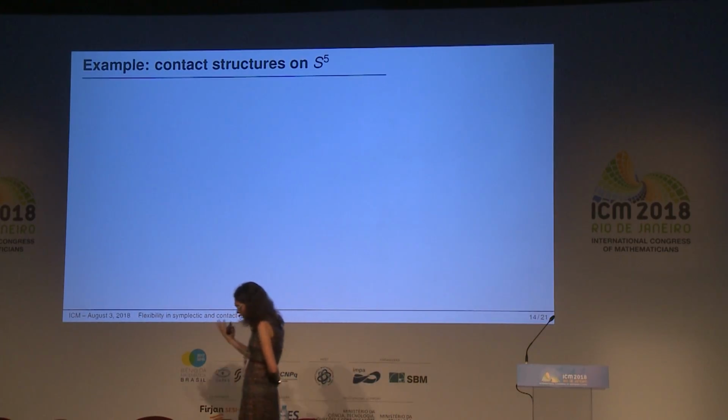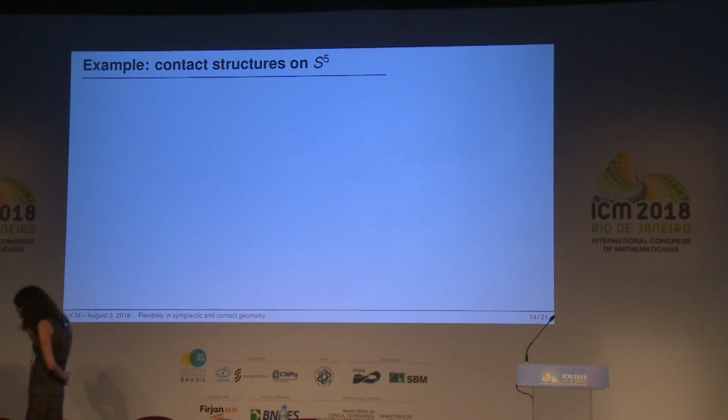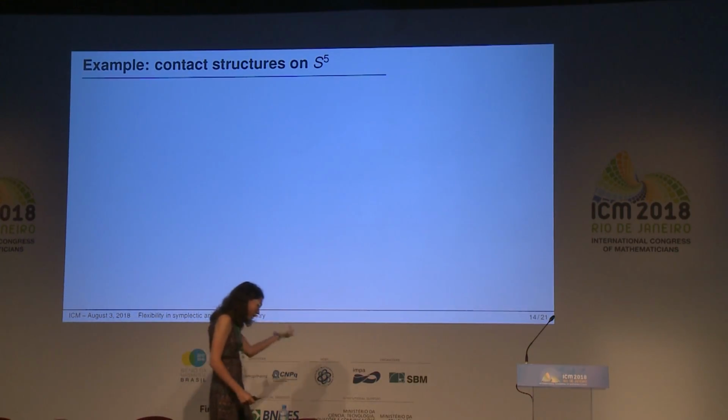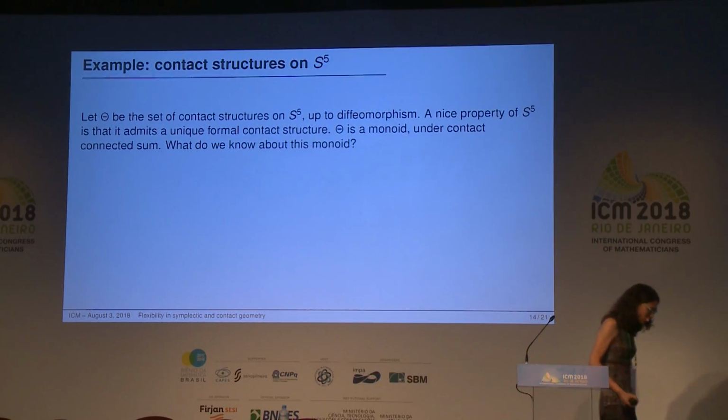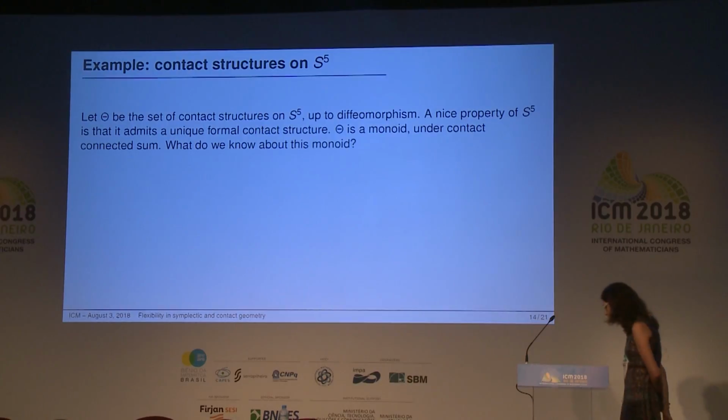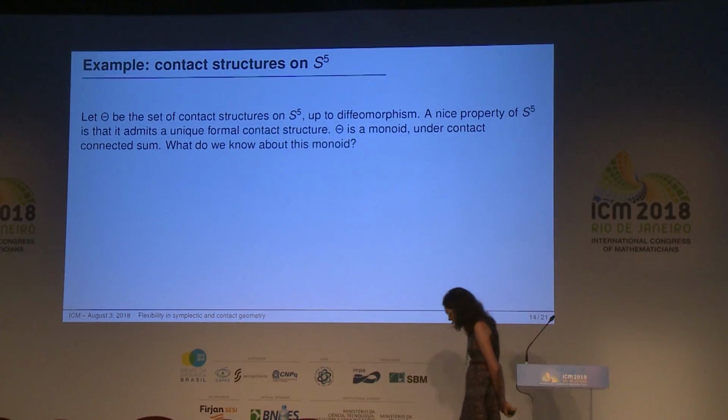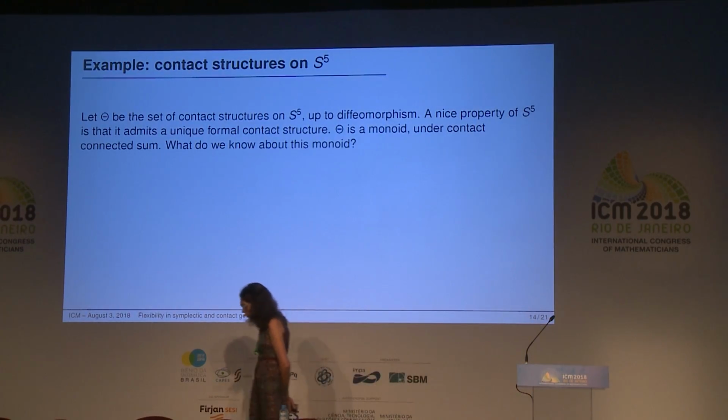I think a great example of this, not only of overtwistedness, but of high-dimensional contact geometry in general, and what the state of things is, is the study of what the contact structures on S5 are. So let me get the set a name. I'm going to call capital Theta the set of all the contact structures on S5 up to diffeomorphism.